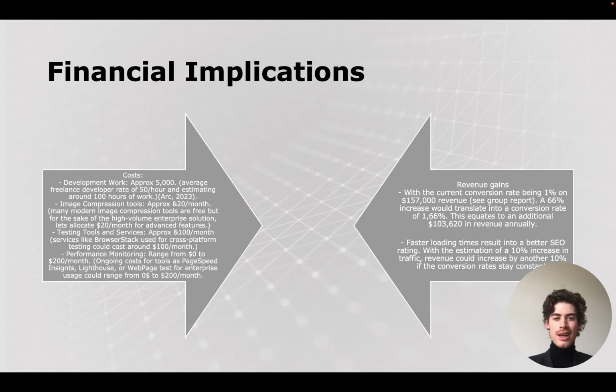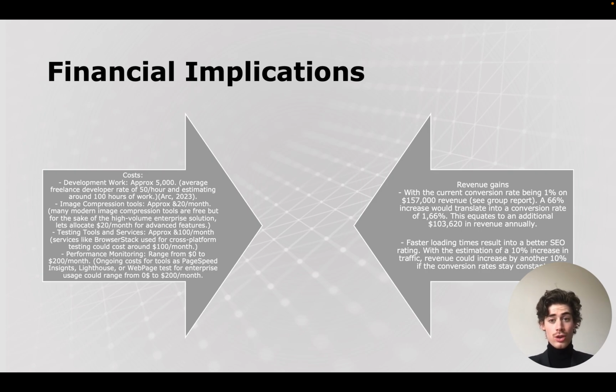Then we go to the revenue gains. First of all, increased conversion. A study by Porter indicates that improving site speed from 4 to 2 seconds can potentially boost conversion rate by 66%.